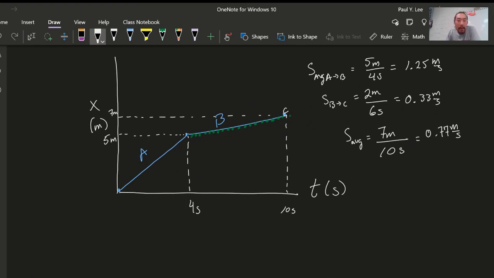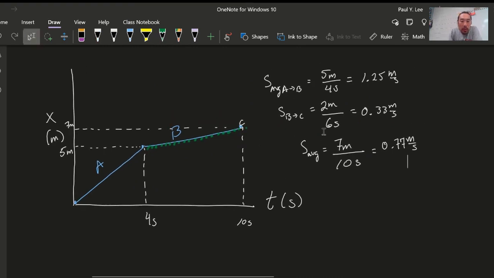Now, here's something that you need to know about these graphs. So we know that for a position time graph, we just did the buggy lab, and we said that the slope gives us the velocity, okay? And velocity is just speed with direction.